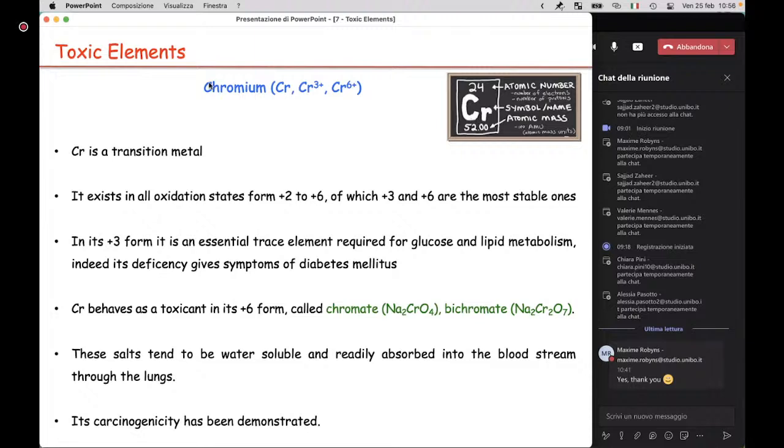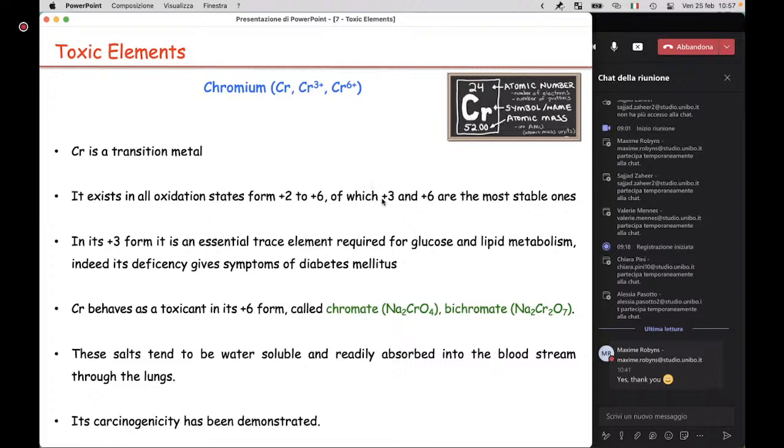Chromium is one of the most toxic heavy metals. It can be found as chromium 3+ or chromium 6+, so trivalent or hexavalent chromium. It can exist as different oxidation numbers, but +3 and +6 are the two most stable forms. +3 chromium is an essential element for our body, for most animal bodies.